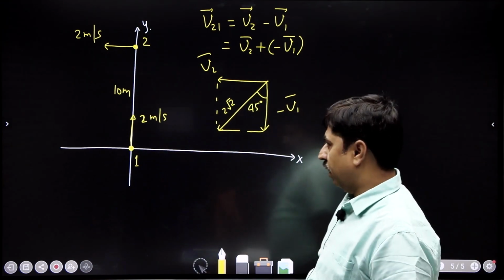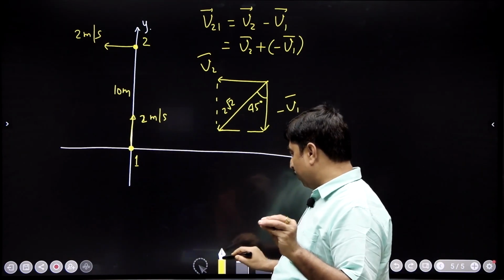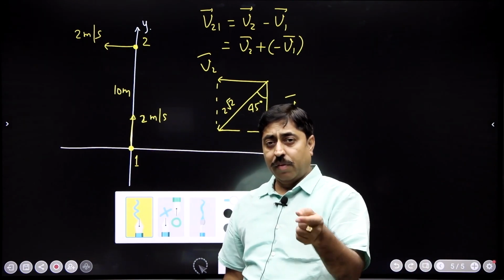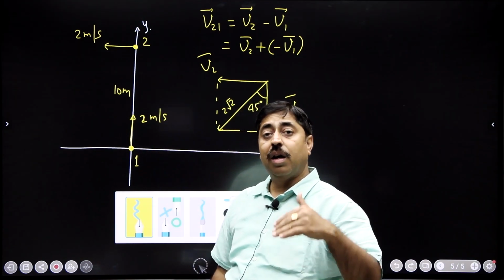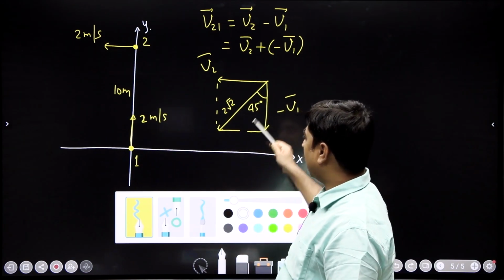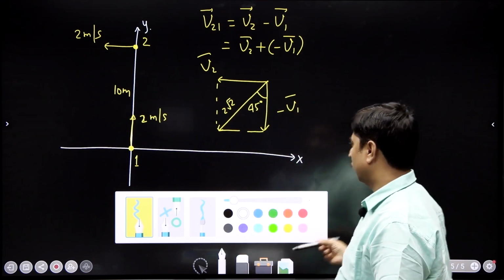This implies that if there is an observer located on this particle 1, then that particular observer will find herself to be at rest, and it will see that this particle 2 is traveling in this direction with a constant velocity of 2 root 2.